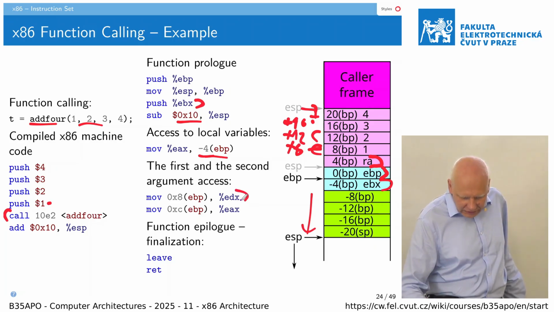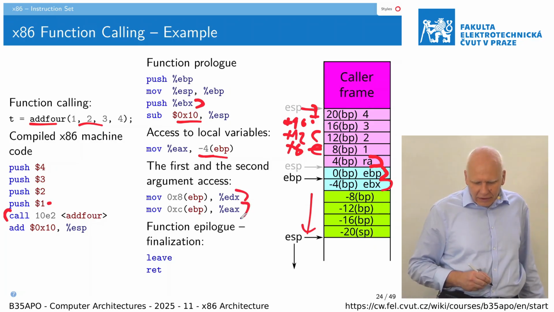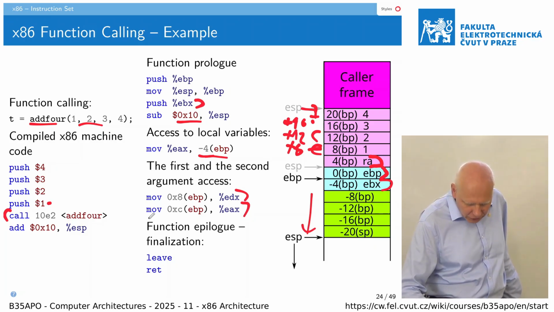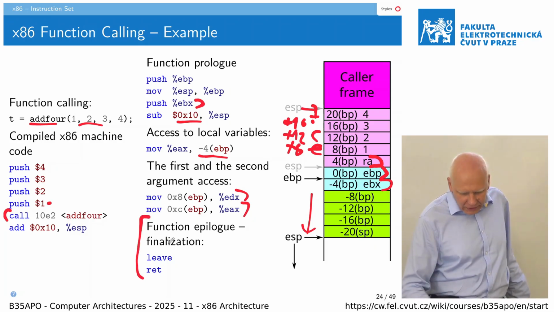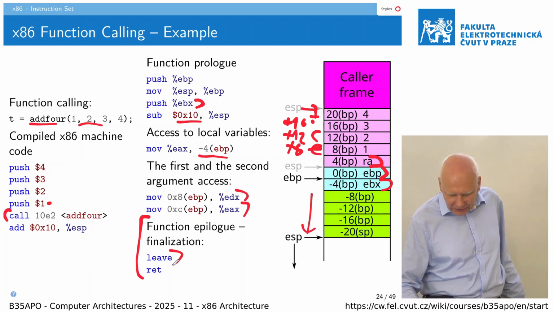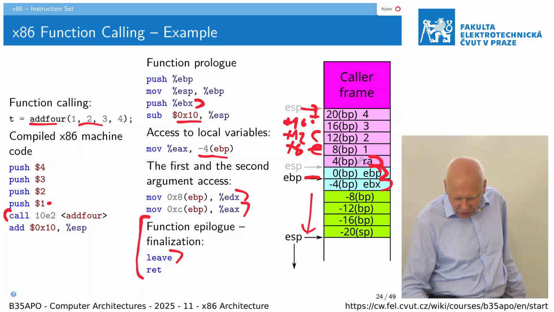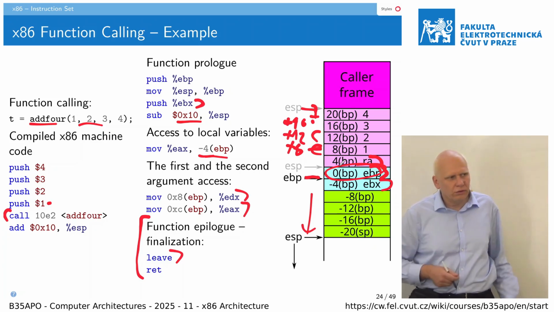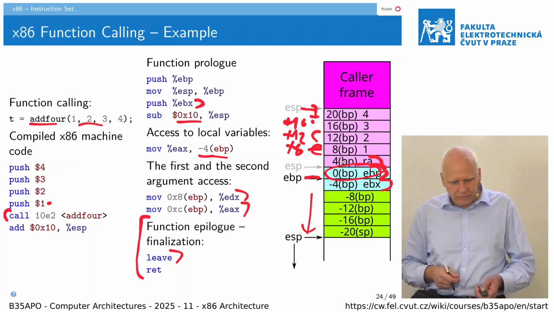So this is the example of how we can access the arguments. And the function epilogue usually uses leave. So basically leave returns the ESP back to the previous EBP location, restores the EBP value, and returns to the caller.